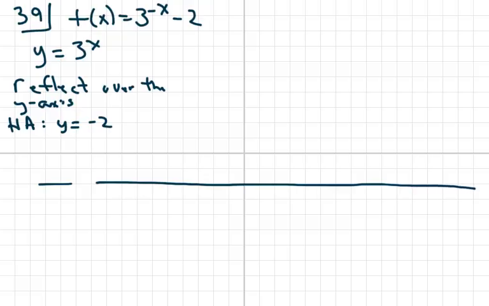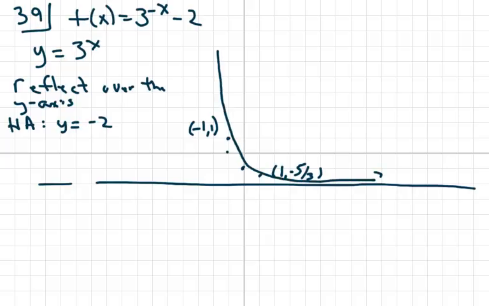We're reflecting it. Negative 1 is going to go to 1. 0 goes to negative 1. And 1 goes to negative 5/3. Okay, and you just graph it like this. Something like that.